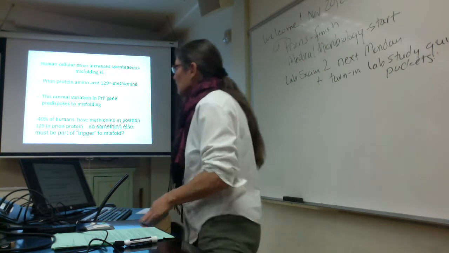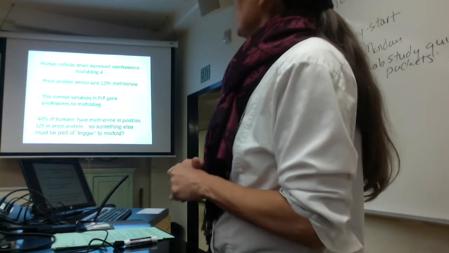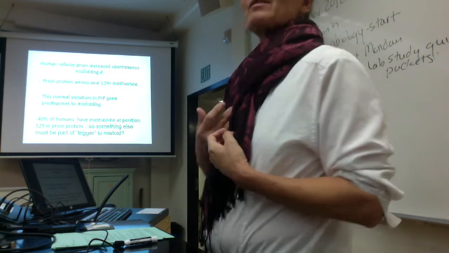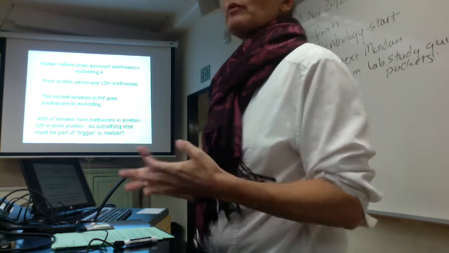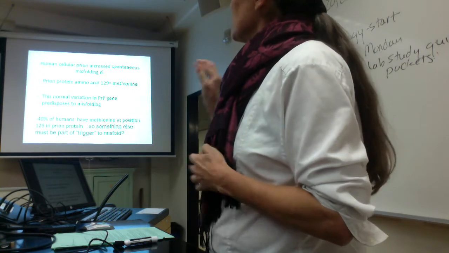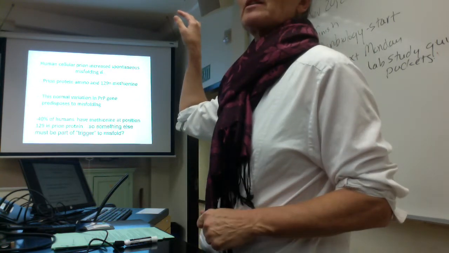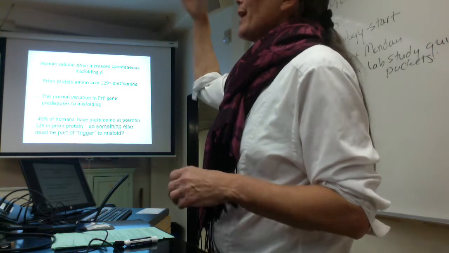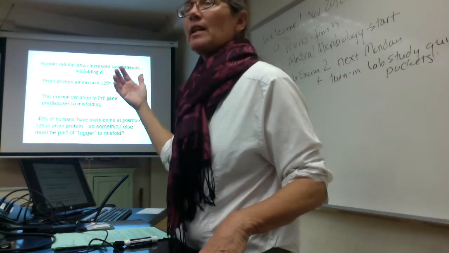All right. And just some more tidbits, you guys. We probably hit this already. So we wonder, well, what's my chance of developing Creutzfeldt-Jakob disease? And it turns out, you guys, it seems like it is a risk factor if in the amino acid sequence of your cellular prion, you have at position 129 a methionine.